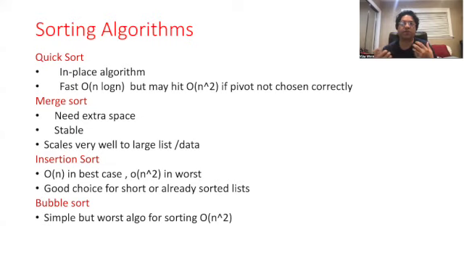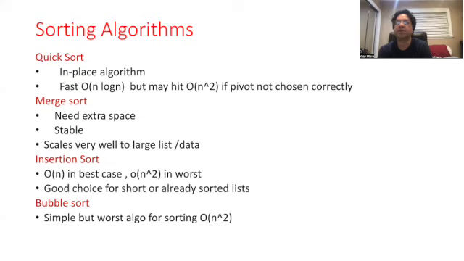Otherwise, it might happen that the second item comes before the first. That property is called stable, and merge sort provides the stableness property. Merge sort also scales very well to large lists of data. Again, merge sort is divide and conquer like quick sort.